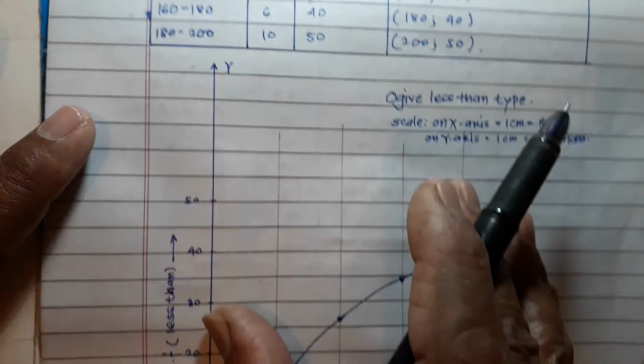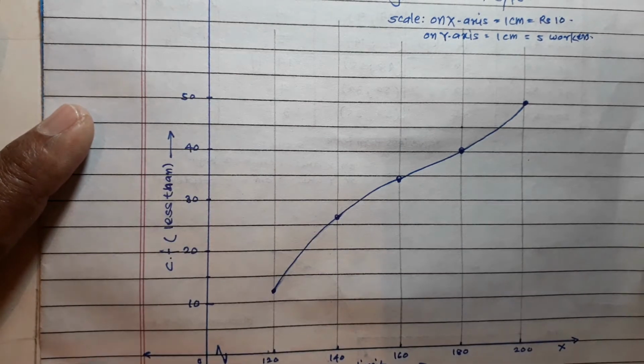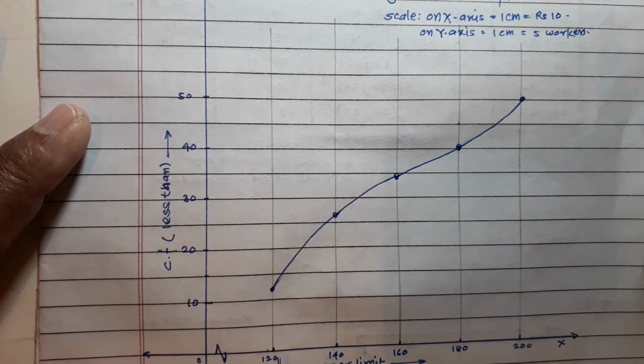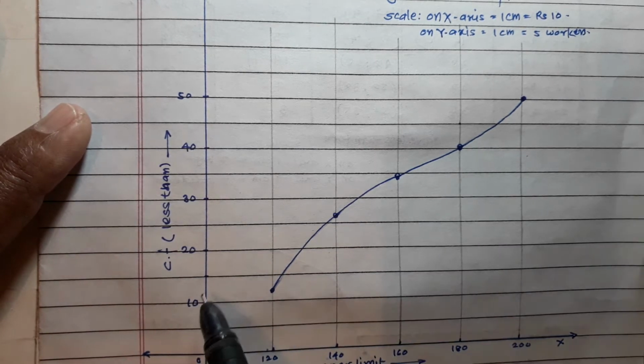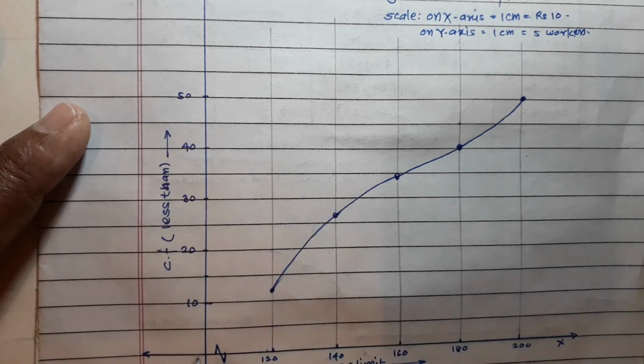Now this is a graph. This is the y-axis, this is the x-axis, this is the origin. Take upper limits on the x-axis and cumulative frequency less than on the y-axis.